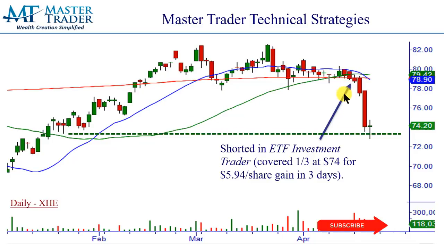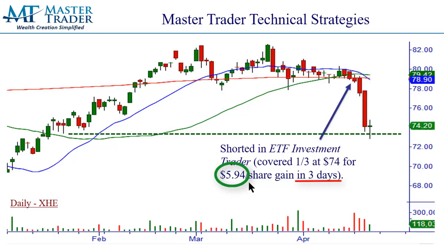Last week we issued a short recommendation right under the low of this bar, so we've been in it now for 4 days. And into this climactic sell-off here, look to the left, an area of support right at 74 bucks. We booked almost $6 a share in 3 days.